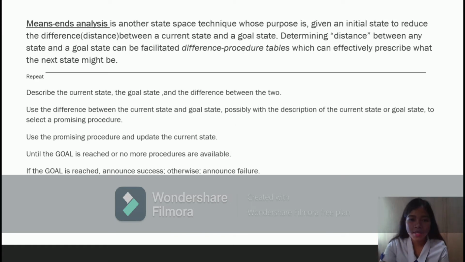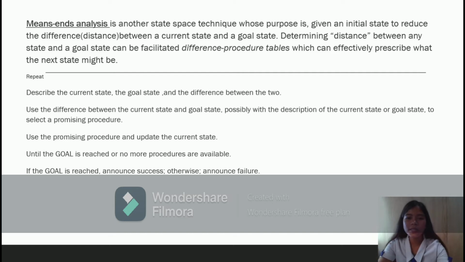The next method is means-ends analysis, another state space technique whose purpose, given an initial state, is to reduce the difference between a current state and a goal state. Determining the distance between any state and a goal state can be facilitated by difference procedure tables, which can effectively prescribe what the next state might be.